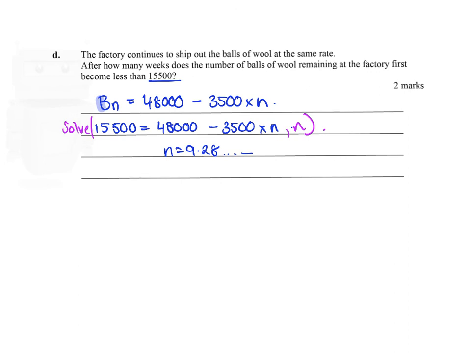You'd have to say it would be less than that, and you'd have to say the 10th week. So therefore we'd say after the 10th week, we are less than. You always go to the next week when predicting things like that. It doesn't matter if it's 9.1 or 9.2, it's just got to be the next week. So after the 10th week. All right. Okay.